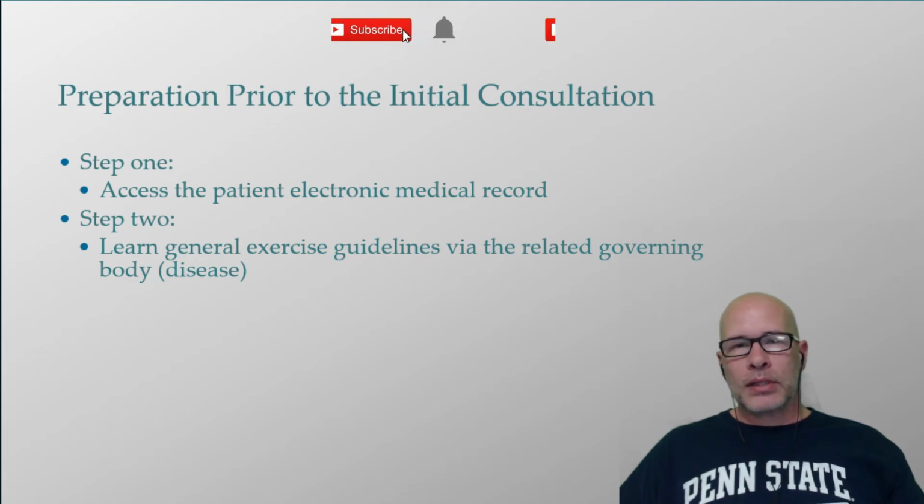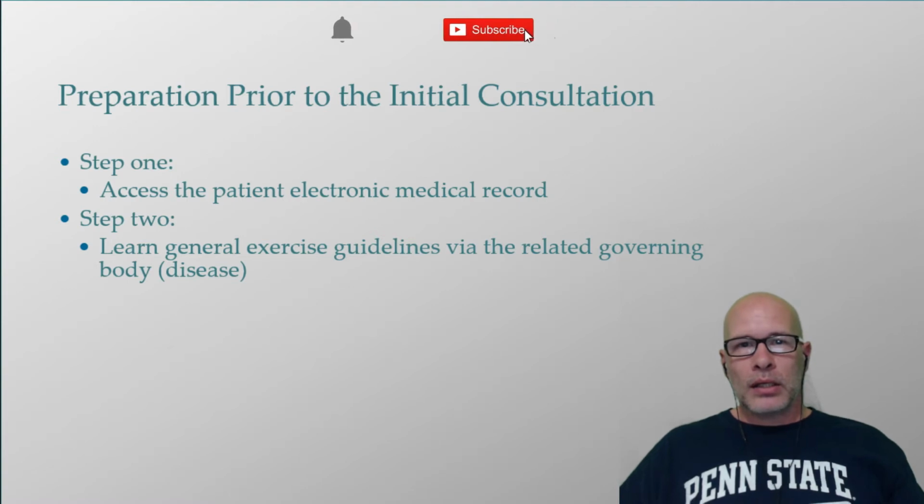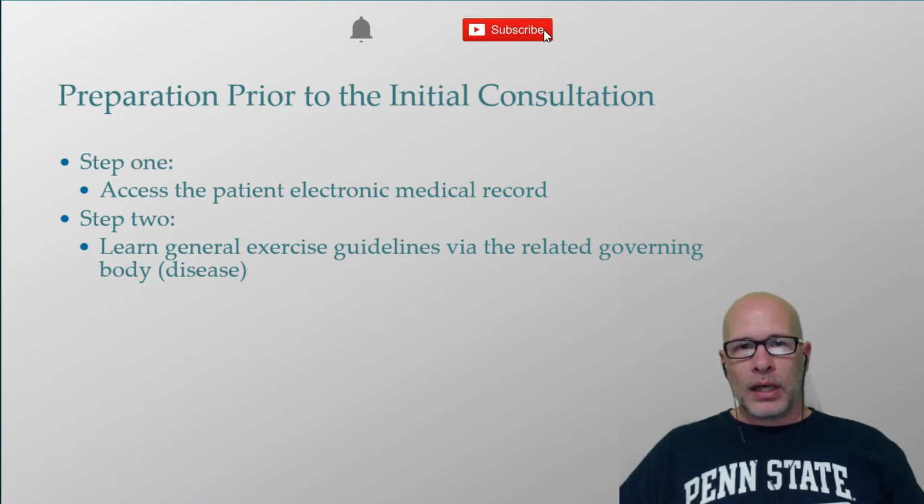And if it was my first time seeing it and I knew nothing about the condition or how to design exercise programs, I would Google it, and I would more specifically go to the governing body, such as the American Lung Association for COPD and pulmonary hypertension, the Multiple Sclerosis Society for MS, and I would just start gathering more information about the disease itself and exercise guidelines as suggested by the governing body to put me a little bit more at ease and give me an idea of how to go about designing programs for this type of condition.